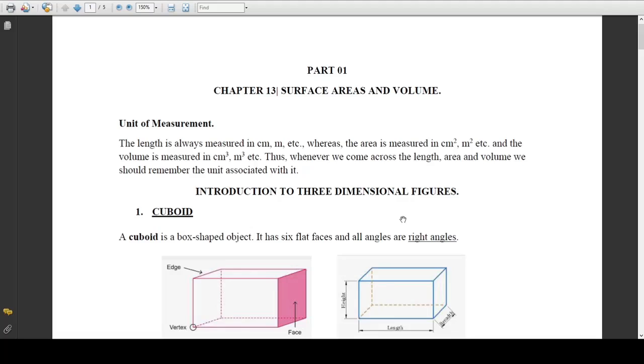Just remember this: length is in units, area in square units, and volume in cubic units.